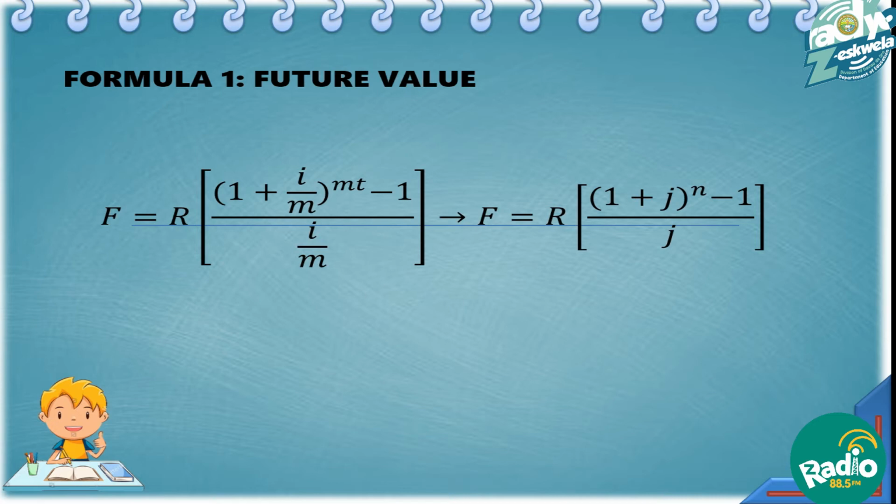That is equal to F = R times the quantity of (1 + J) raised to the power of N minus 1, over J, where J is equal to I over M and N is equal to M times T.